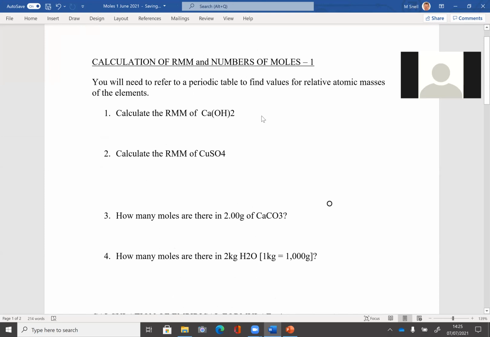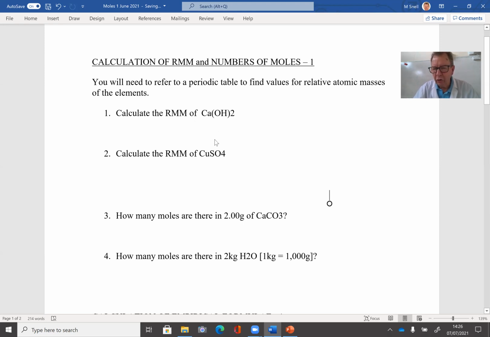Okay, Tumaini, Genesis, I'm going to ask you whether you could do number 1 and 2, and then whether you could do 3 and 4, okay? I'm going to tell you the answers, just in case you haven't had them. The answer to the first one, the RMM of Ca(OH)2, is 74.